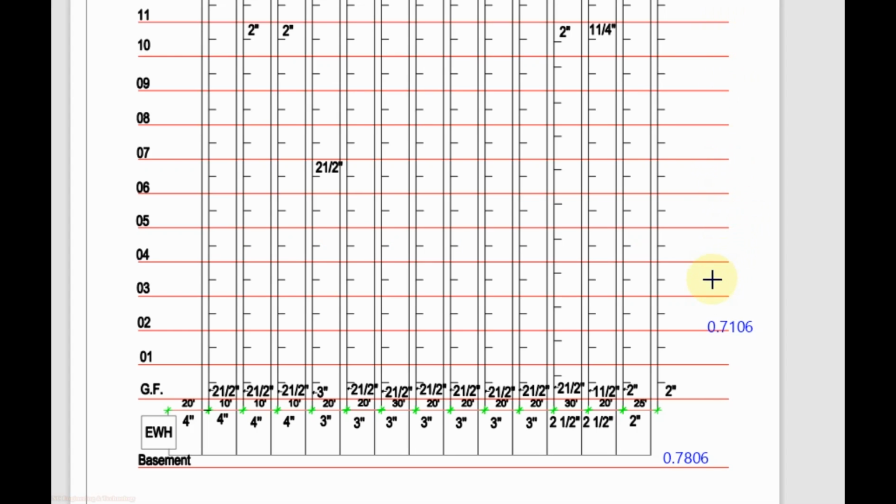For the hot water recirculation piping network, the GPM required for the last riser, that is riser number 14, is equal to 0.7106, and the GPM in the last segment, that is the segment before last riser, is equal to 0.7806. This value is the sum of the GPM of last riser plus the GPM required to overcome the heat loss in this pipe segment.